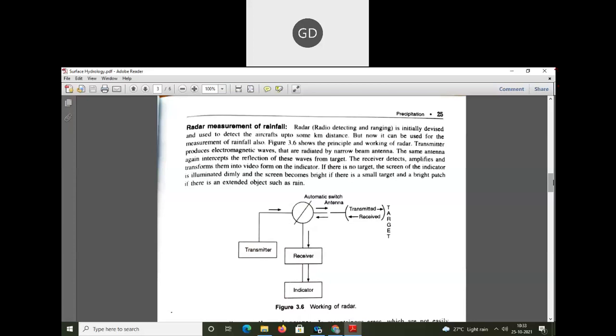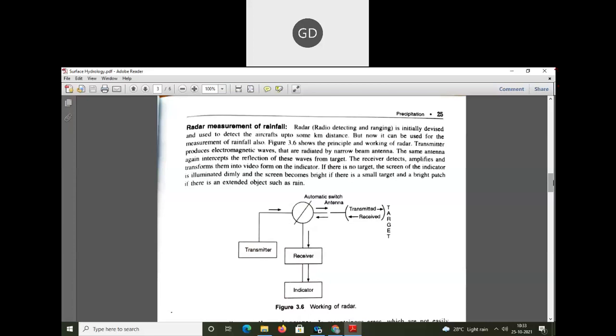If there is a small target, the screen becomes very bright. And if an extended object such as rain is there, the screen will have a very bright patch. In this way radar measurement of rainfall works.